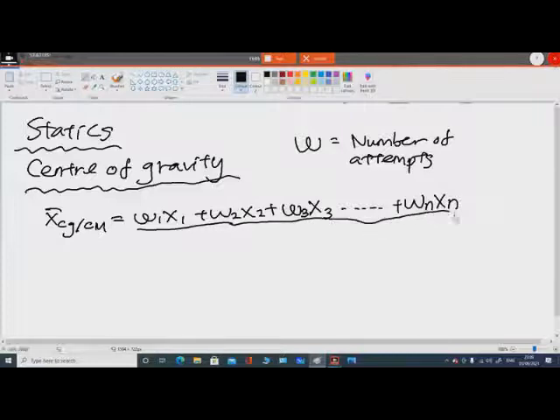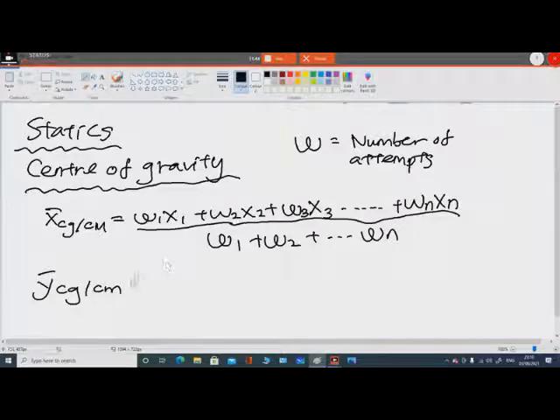Okay, so the sum of this total is divided by the total number of w1 plus w2 until wn. So this is the coordinate x, which is the center of gravity or center of mass. Okay, as for the mean y, so this is our y position.